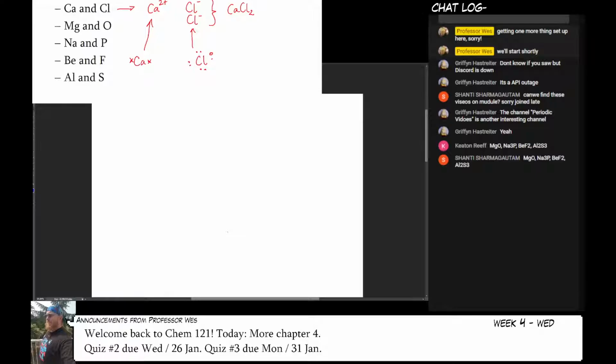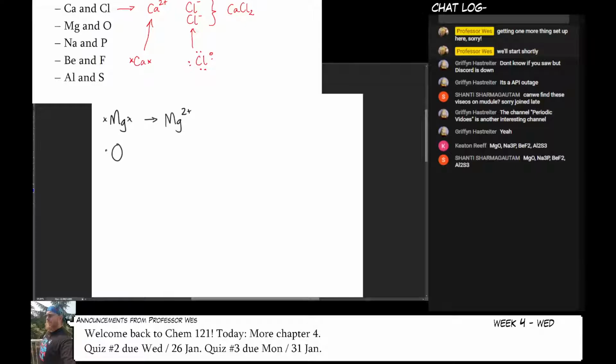Okay, so if we look at magnesium, which has 2 valence electrons, in order to make it an ion, I would have to get rid of those to satisfy the octet rule, right? And so that would give me this as my ion for magnesium. How about oxygen?